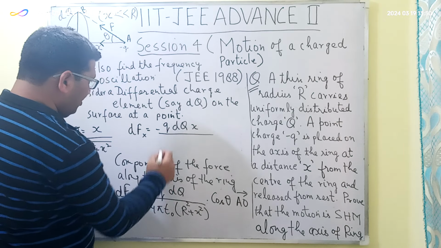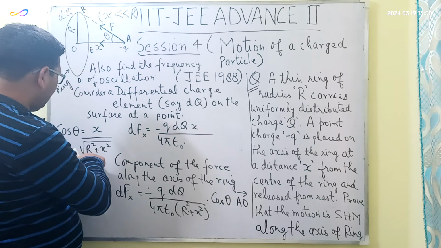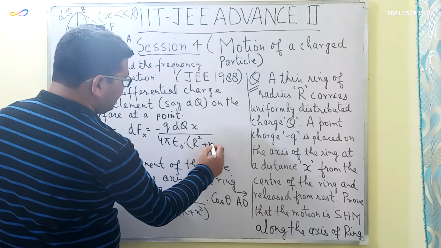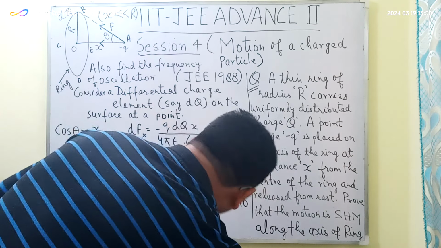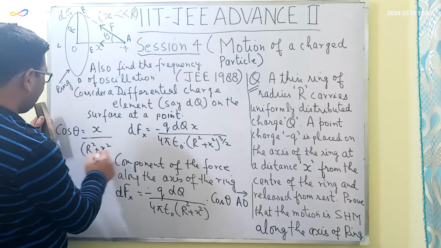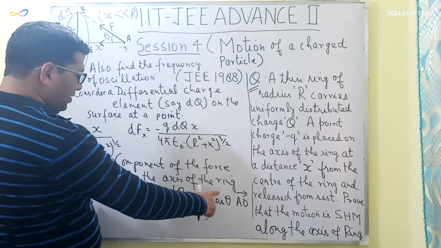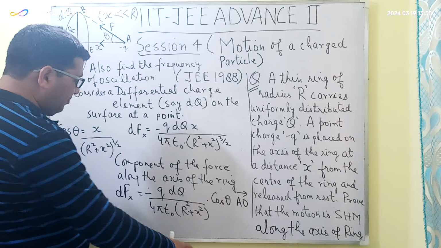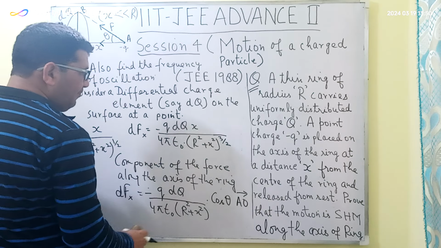The under root can also be written as the power 1 by 2, so this will be equal to r square plus x square in bracket to the power 3 by 2.